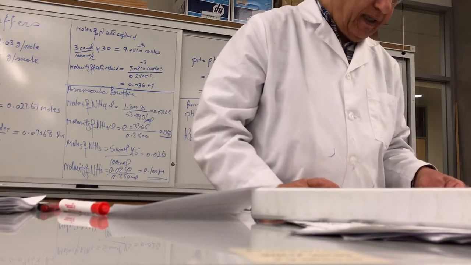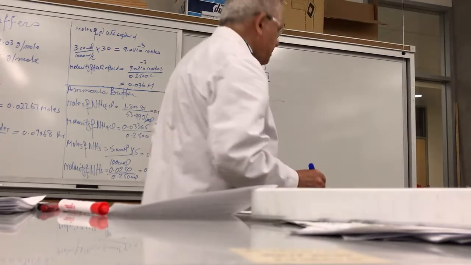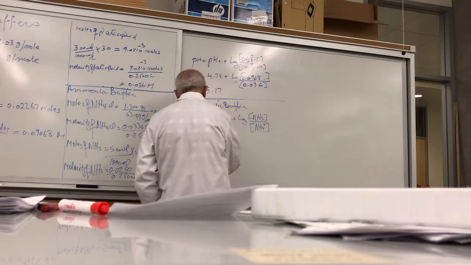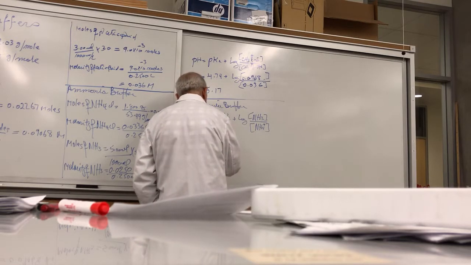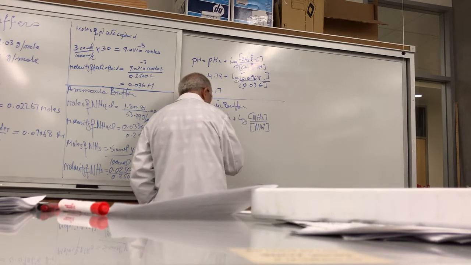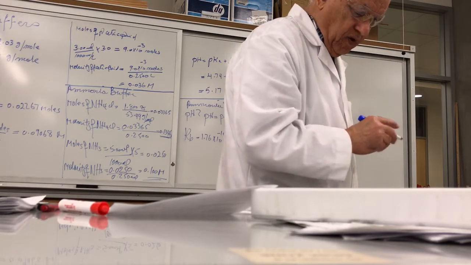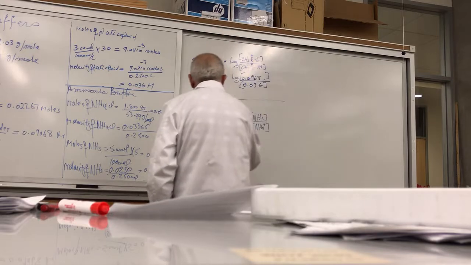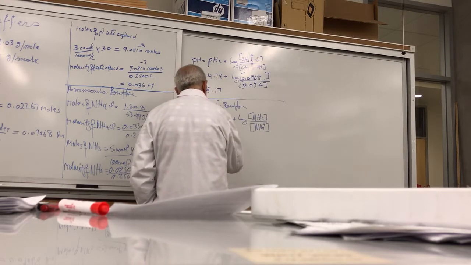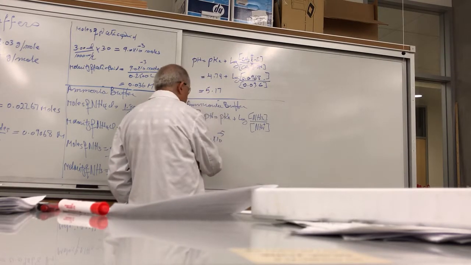They gave us Kb equal 1.76 times 10 to the power minus 5, sorry. This is in your book, it's given to you.